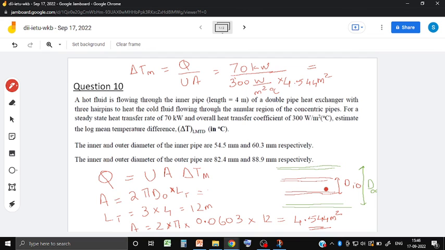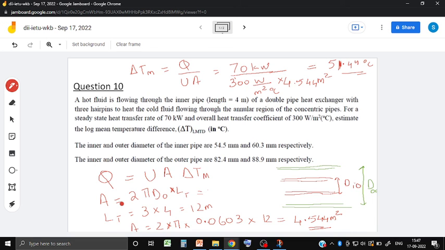Here they have given values of the inner diameter of the inner pipe and the inner diameter of the outer pipe, but we need only the value of the outer diameter of the inner pipe, which will be considered for the area of heat transfer calculation. And when there is more than one hairpin in a double pipe heat exchanger, the total length is obtained by the product of the number of hairpins times the length of an individual tube. So here we obtained 3 times 4, which is 12 meter.